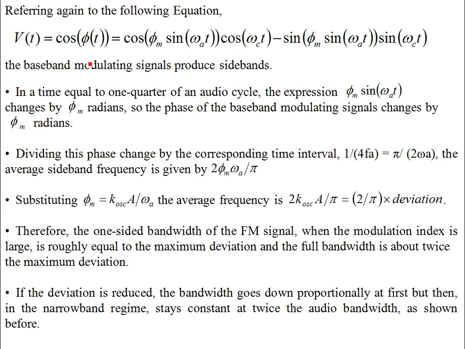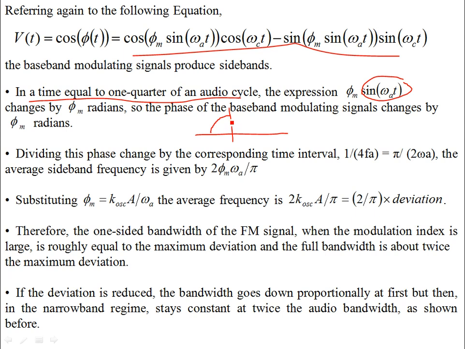The other way of looking at this problem is, referring to the same equation, to consider a time equal to 1/4 of the audio cycle. So for example, this is your audio cycle, and this is 1/4 of the cycle, capital T by 4.